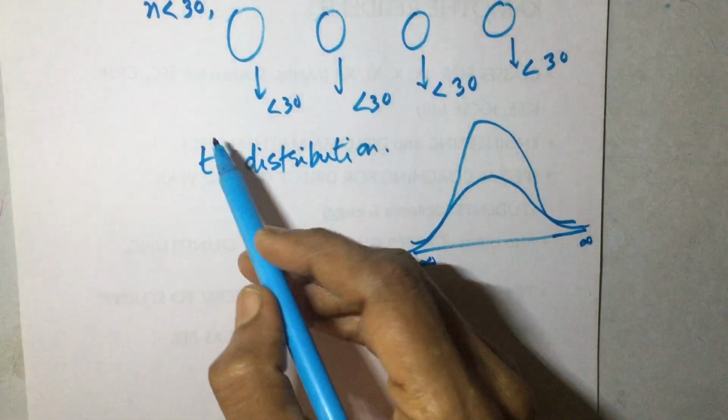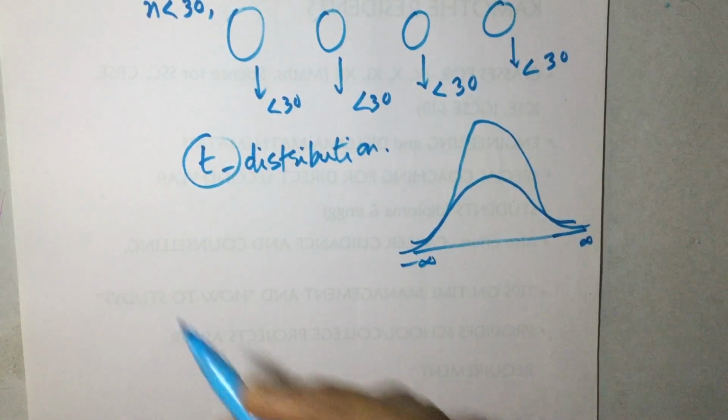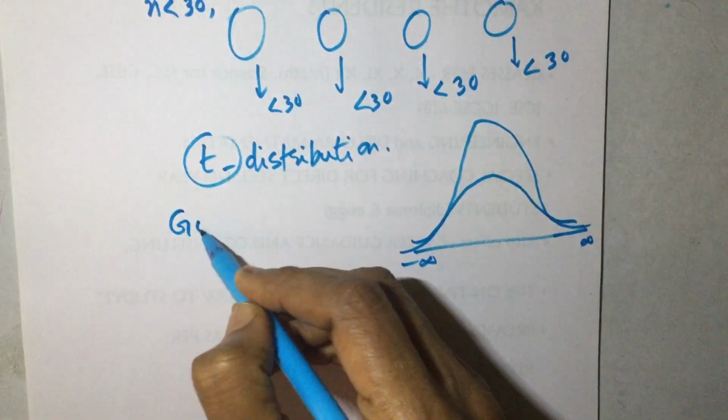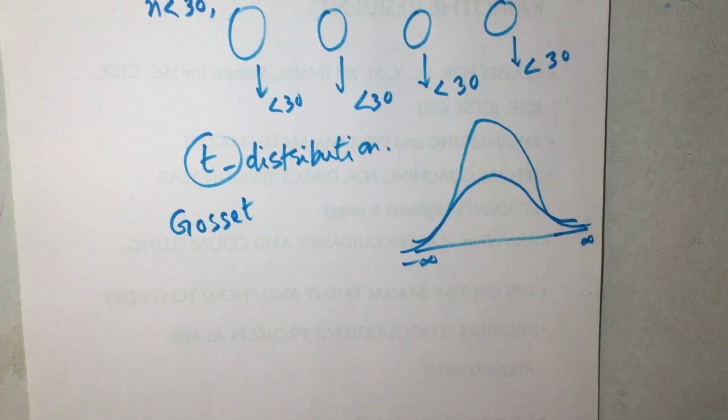Now why is this called the T distribution? What is T? Its history was like this. It was introduced by a statistician called W.S. Gosset. He was working with a brewery company in Dublin, Ireland, and that company did not allow its employees to publish their research work under their own names.